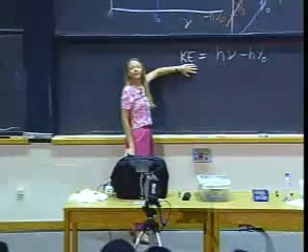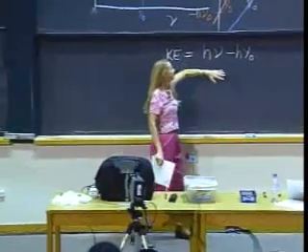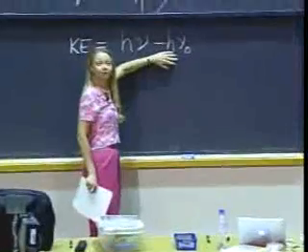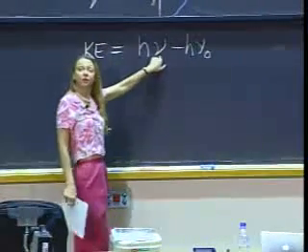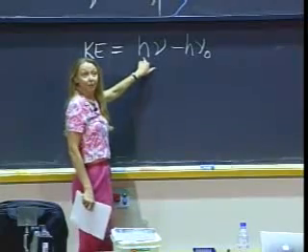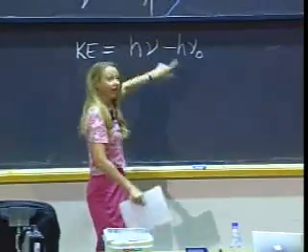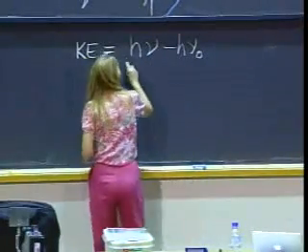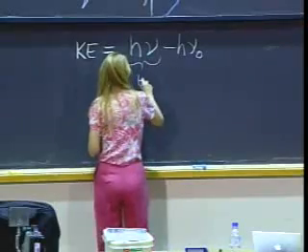Now, he also realized I got energy units on this side. Hey, I better have energy units on this side. So if this is a frequency here, then h must have the units such that h times nu has got to be an energy. Right?